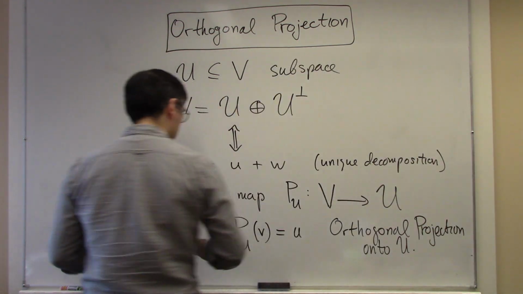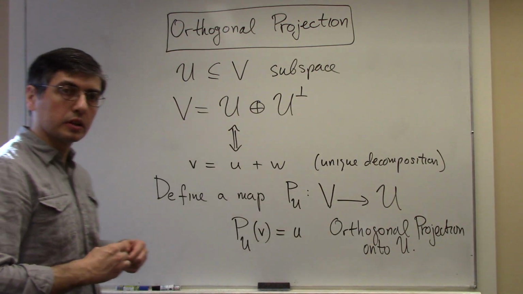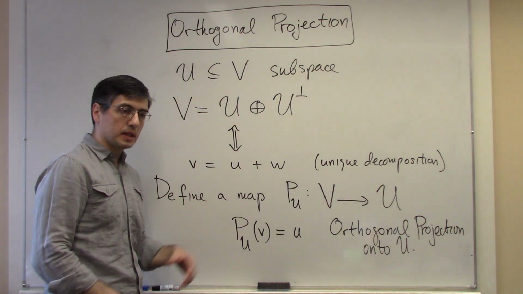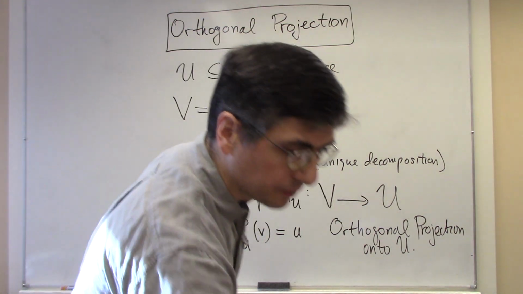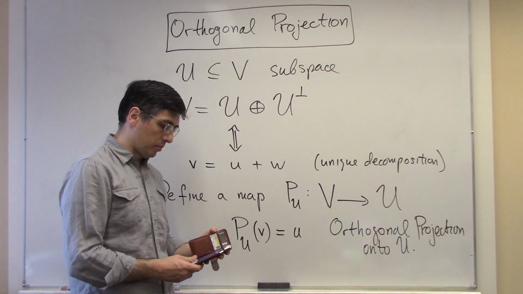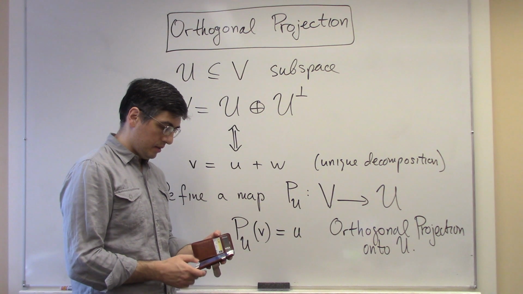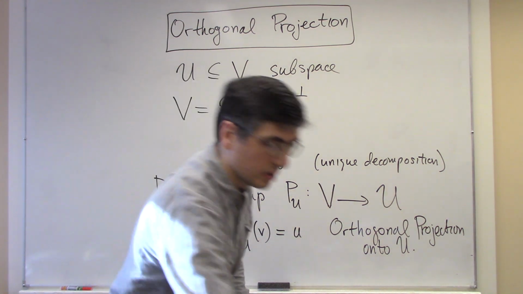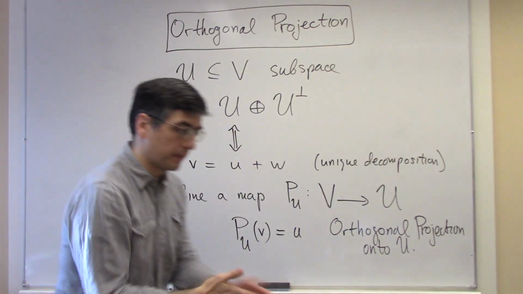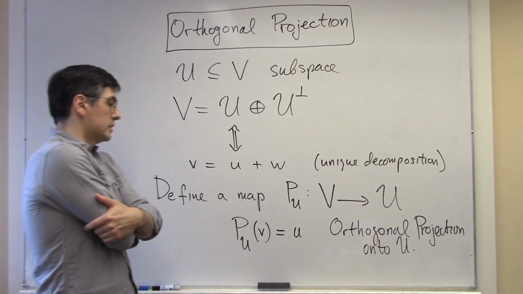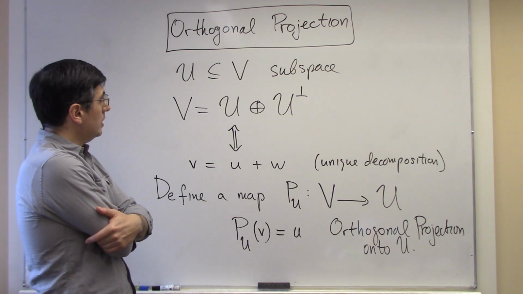Alright, so what are the properties of this orthogonal projection? We will see that essentially the problem that I stated at the beginning, namely this minimization problem, is solved by it.